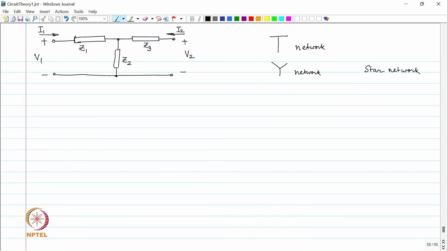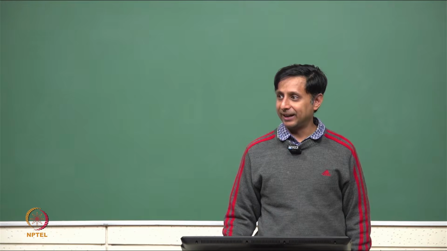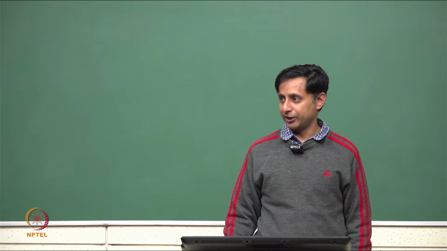Okay. So, let us do this. What is our plan? We want to find the Z matrix, the Z parameters for this 2 port network. That is the objective, to find the Z parameters for this 2 port network.